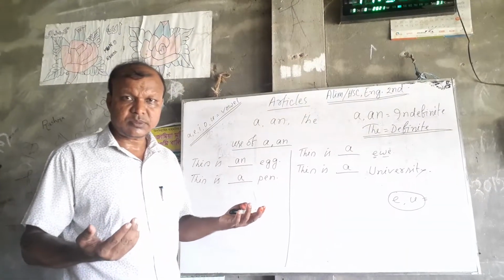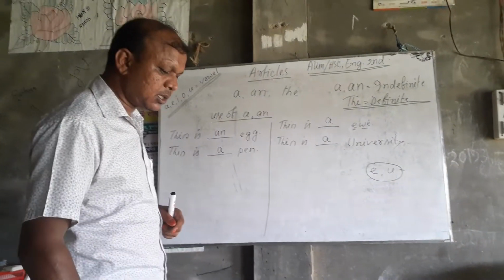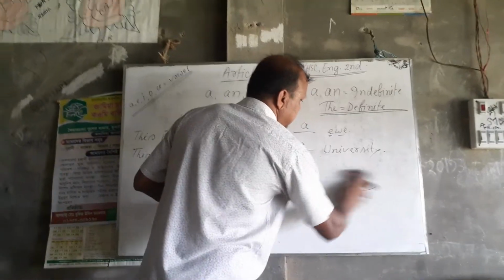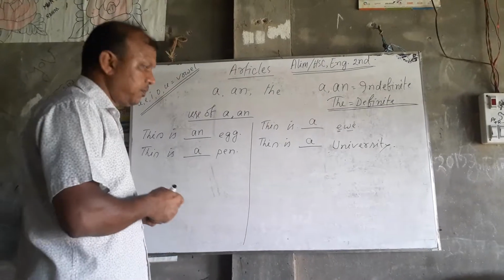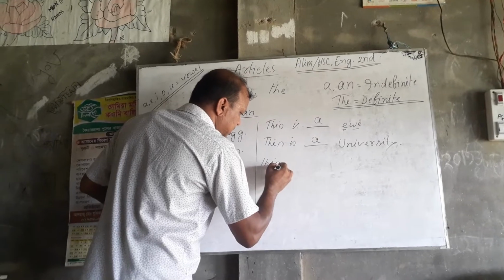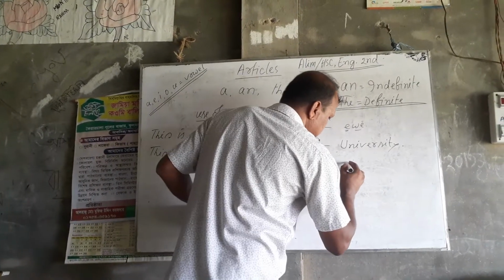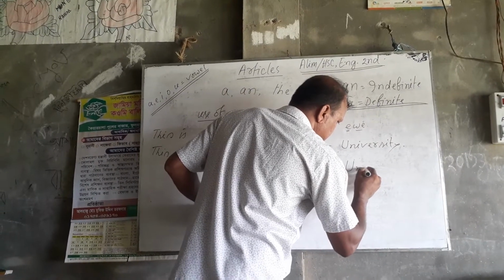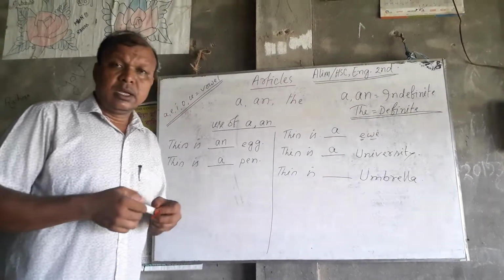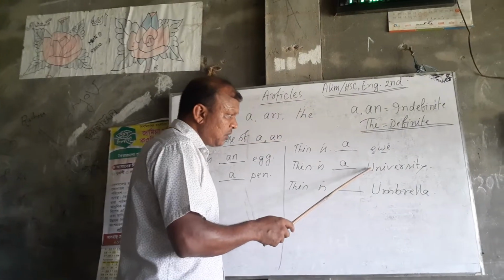So, dear learners, I have written a sentence: this is dash umbrella.